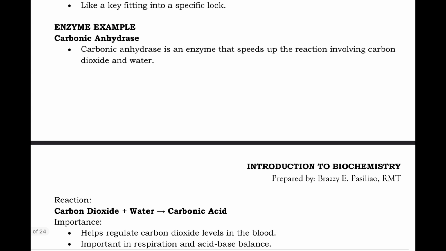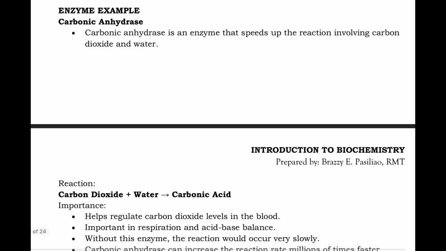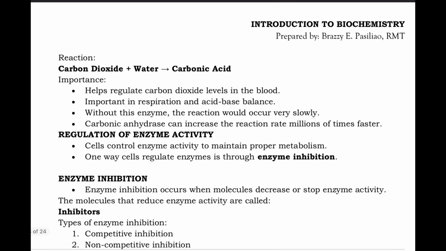For the enzyme example, we have carbonic anhydrase. Carbonic anhydrase is an enzyme that speeds up the reaction involving carbon dioxide and water. So using carbon dioxide and water, it can speed up the reaction. We call it the carbonic anhydrase reaction. We have here carbon dioxide plus water, giving carbonic acid. Importance: it helps regulate carbon dioxide levels in the blood.